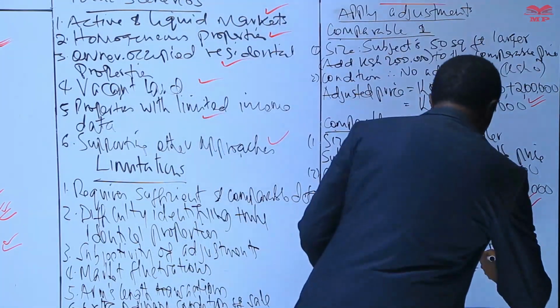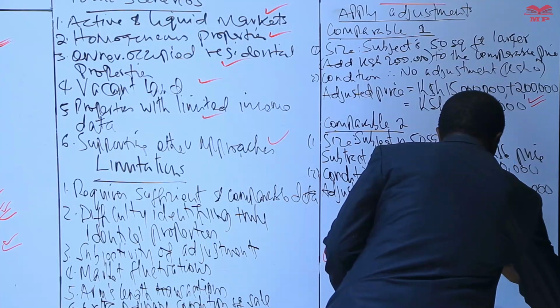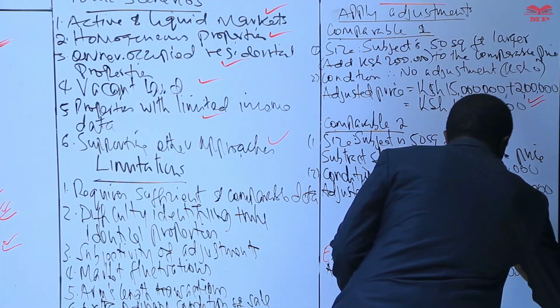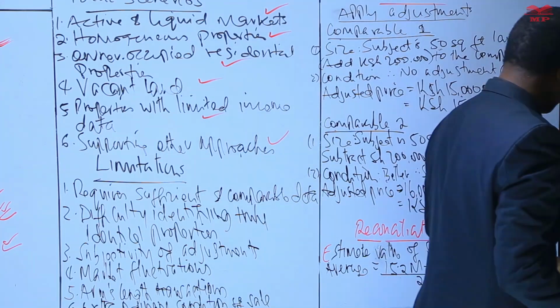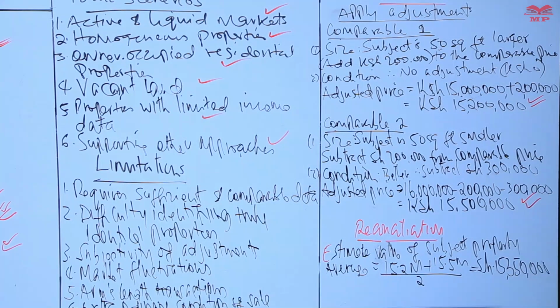This is equal to shillings 15,350,000. 15,350,000 shillings is the estimated value of the subject property.